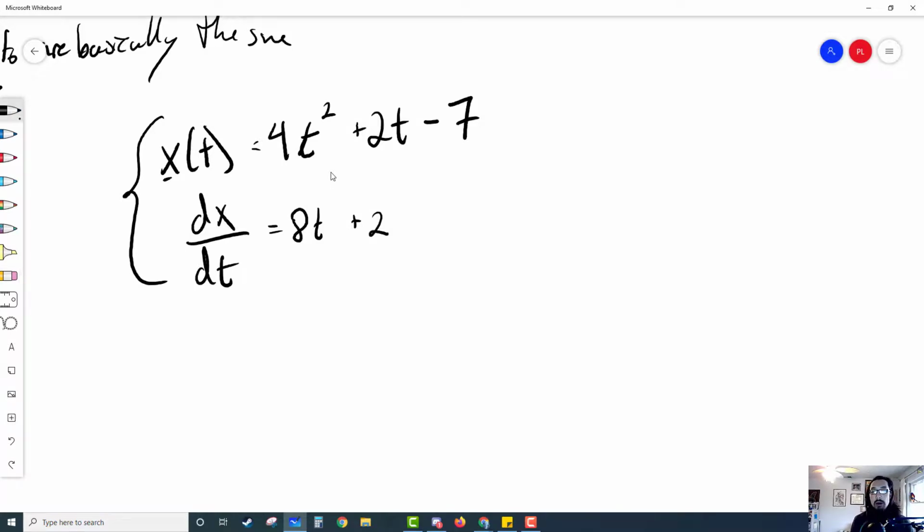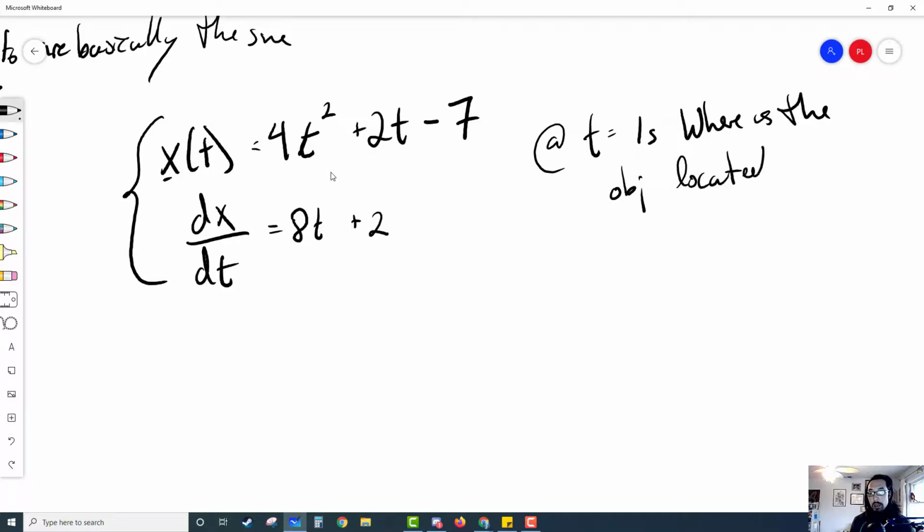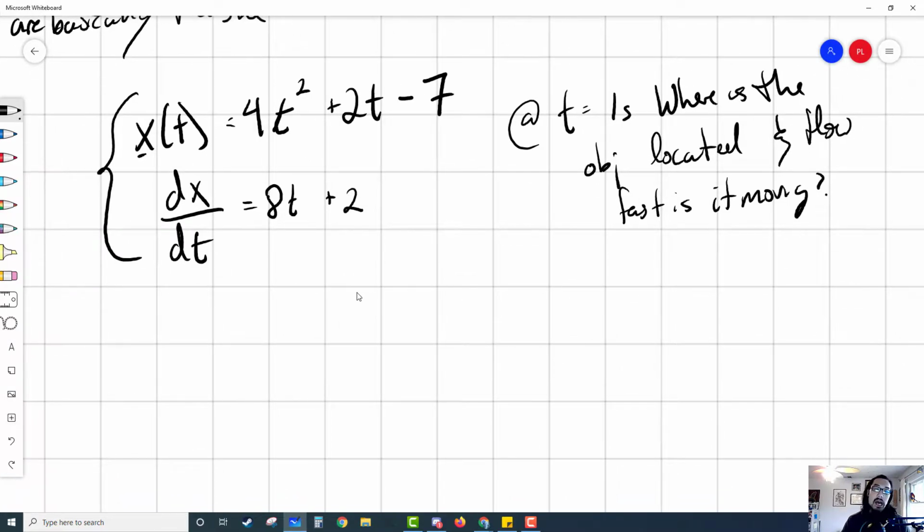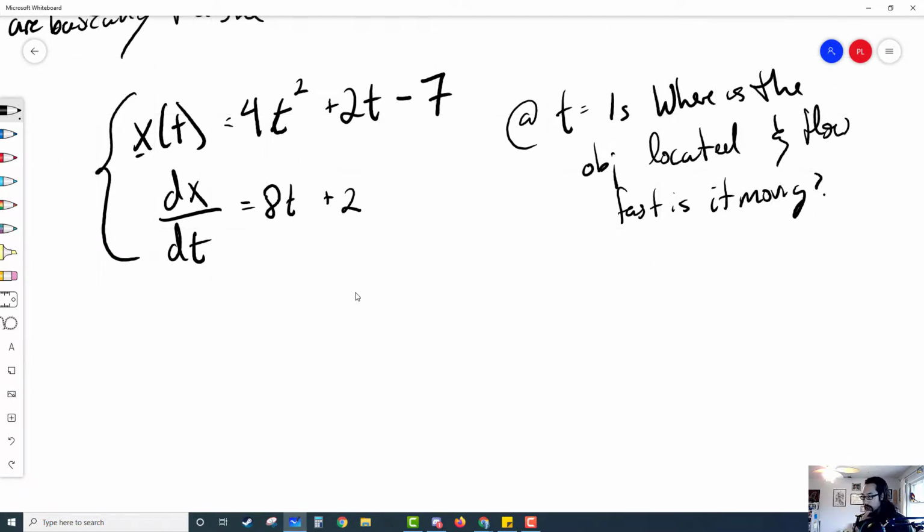So if the problem is asking, let's just make it simple for us, at a time of 1 second, where is the object located and how fast is it moving? We can use our newly found derivative and our position time function to figure that out.